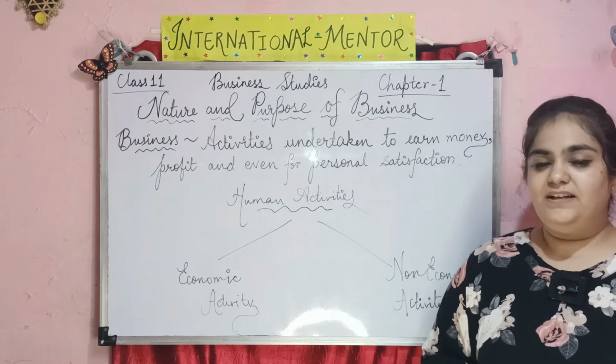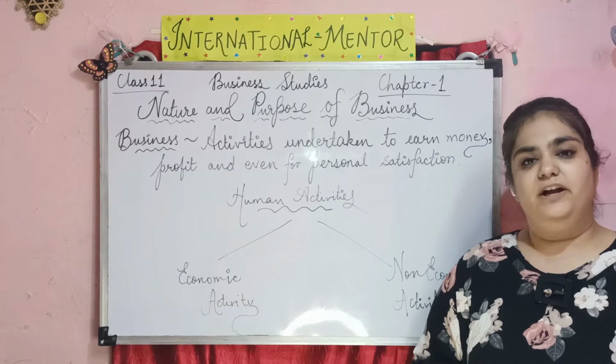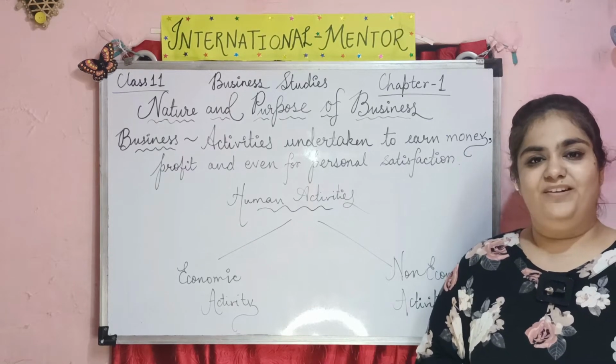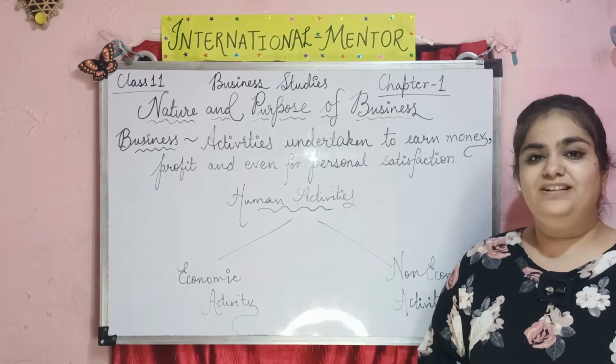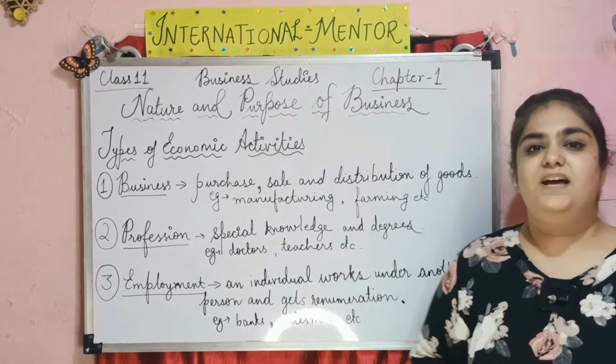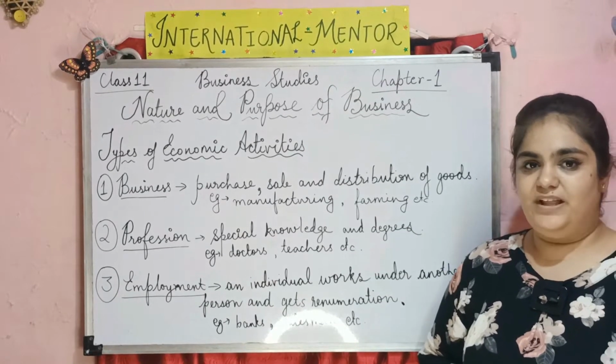But non-economic activity is not done for the motive of earning money. For example, a mother cooking food for her son. So now we can conclude that economic activities are those activities which are undertaken for the creation of wealth.